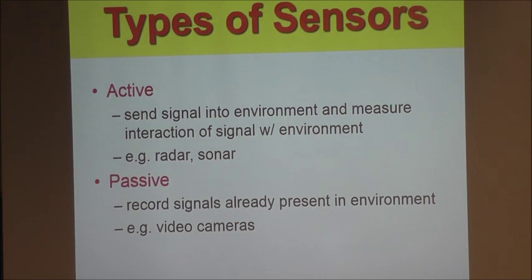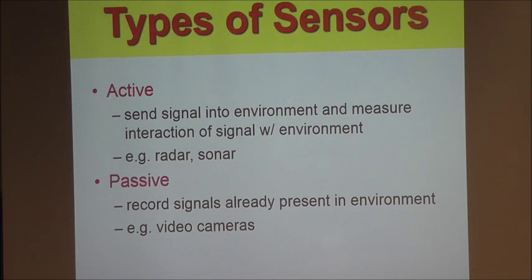What are the different types of sensors? There are numerous of those. One categorization is active versus passive. Active sensing is sending a signal into the environment and measuring the interaction of the signal with the environment, like the radar, like the sonar, which we will get into in detail later on.